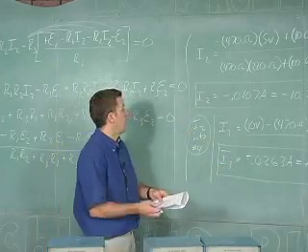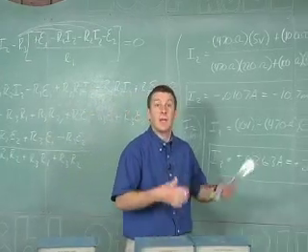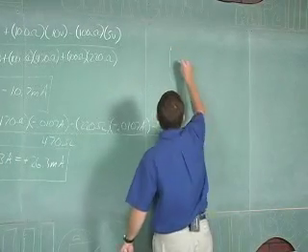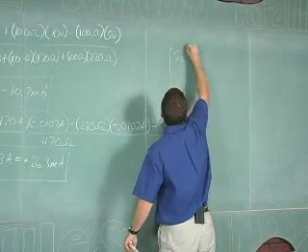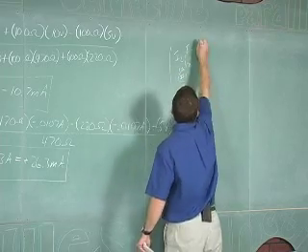Now that we have I2 and I3, we can go back to equation number 1 and solve for I1. So what we do is we take I2 and I3 into number 1.